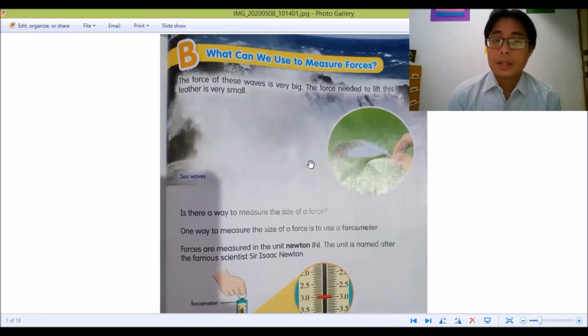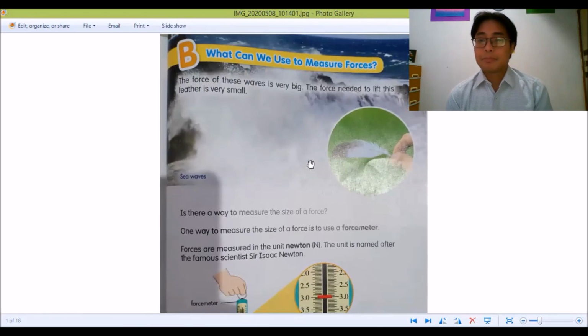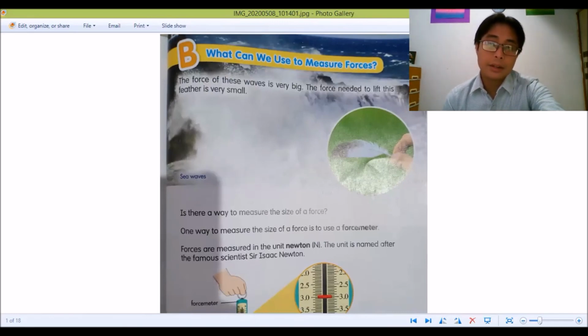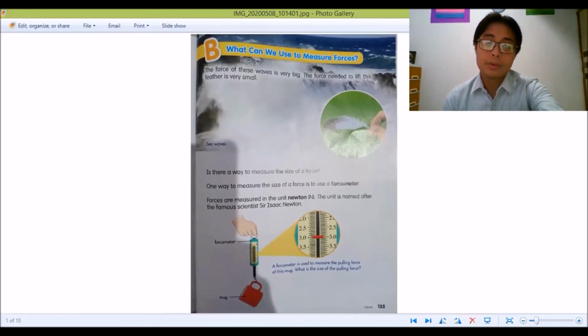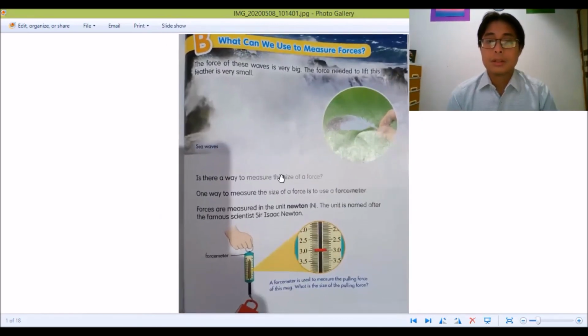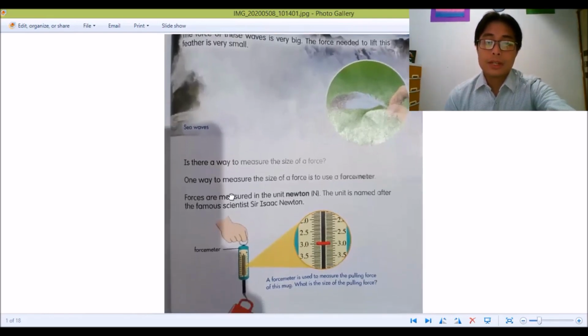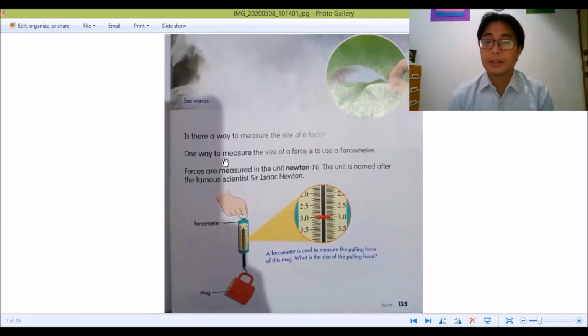So obviously, we have a very big force in this example of sea waves. But here, there is a very small amount of force to lift this feather. So is there any way to measure the size of force?